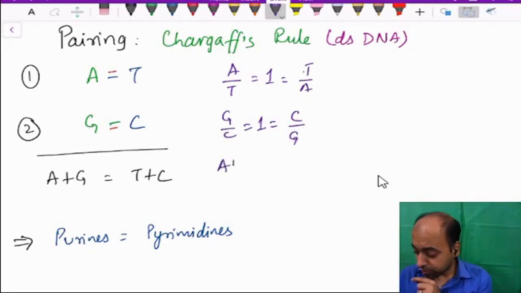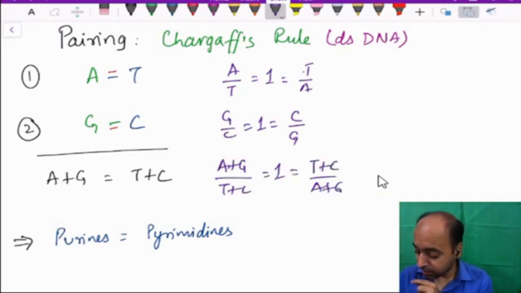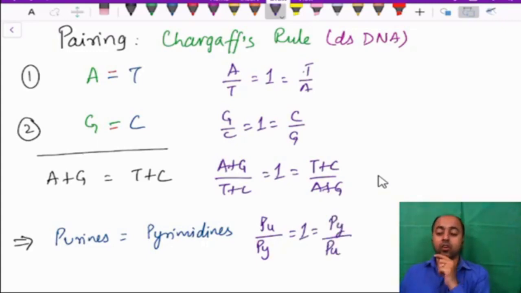The ratio of adenine plus guanine to thymine plus cytosine is also equal to 1, which is equal to the ratio of thymine plus cytosine upon adenine plus guanine, and the ratio of purine to pyrimidine is equal to 1, which is equal to the ratio of pyrimidine to purine. These are some extrapolations of the relationship described by Chargaff's rule.